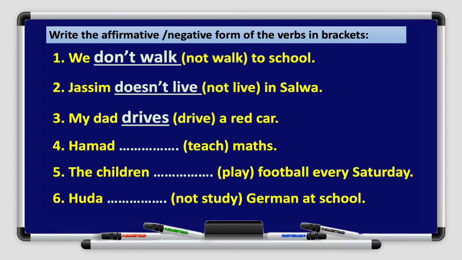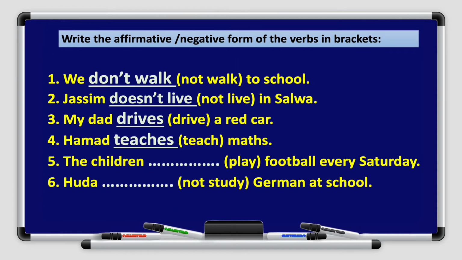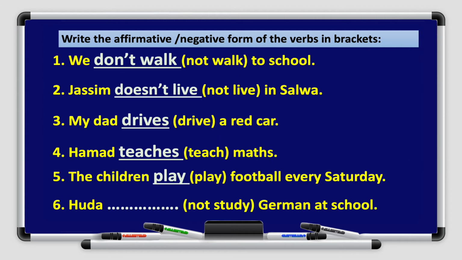Here we add s to the verb. Number 4, Hamad teaches maths. We add es to the verb. 5, the children play football every Saturday. And the subject is children, so I will not add anything to the verb.